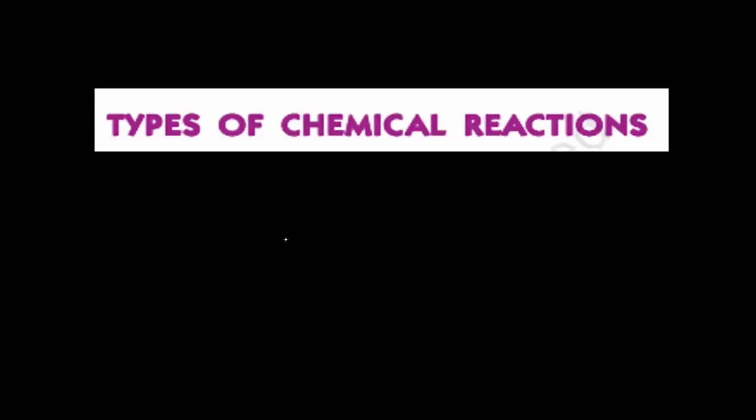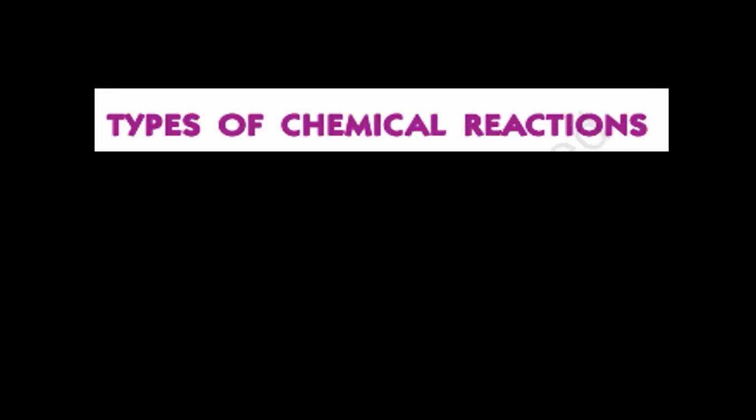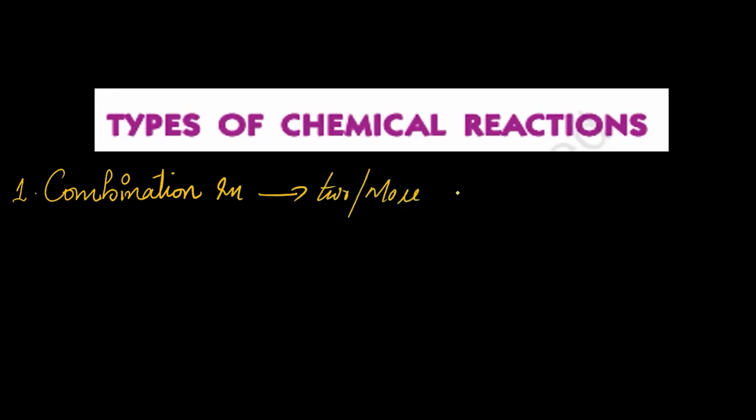What are the different types of chemical reactions? Actually, we have to study mainly 4 different types of reactions. The first reaction is combination reaction. When you hear the word combination reaction, just think that there will be 2 or more reactants, and that will be converted to a single product.